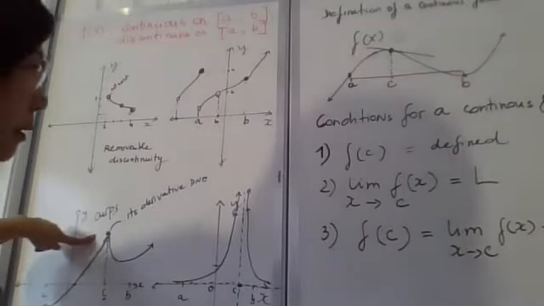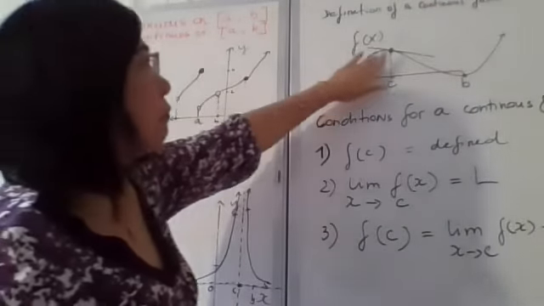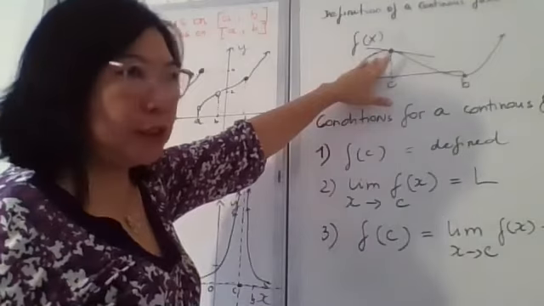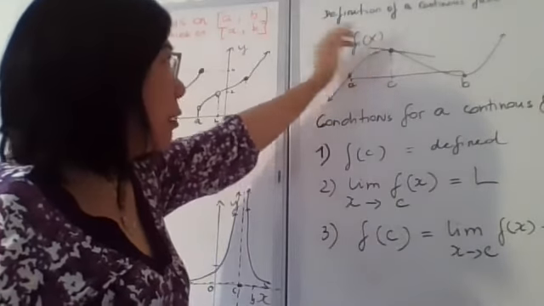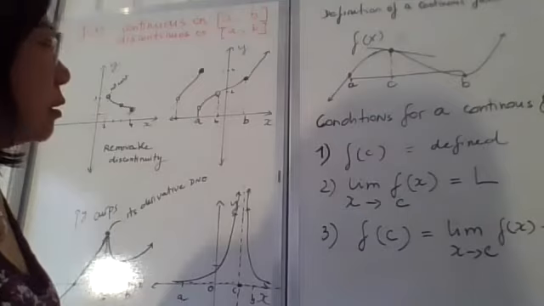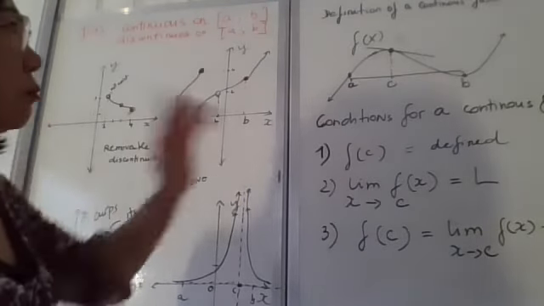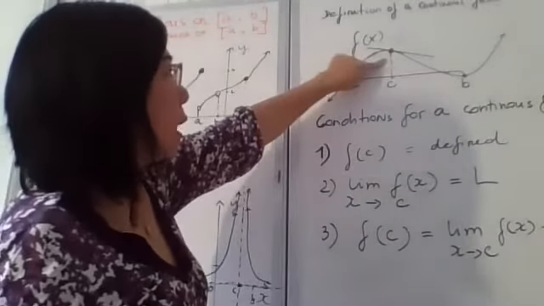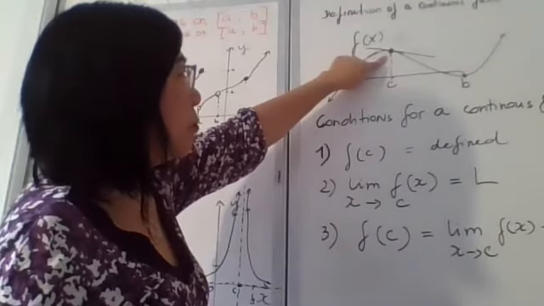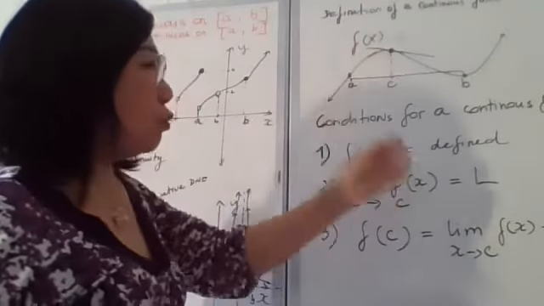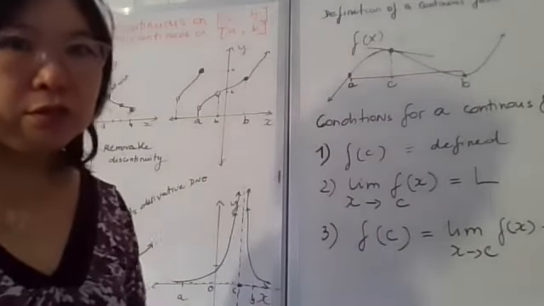Keep in mind like this. If a function is differentiable when x approaches c, at the value of c as the point, it will guarantee that this is a continuous function.